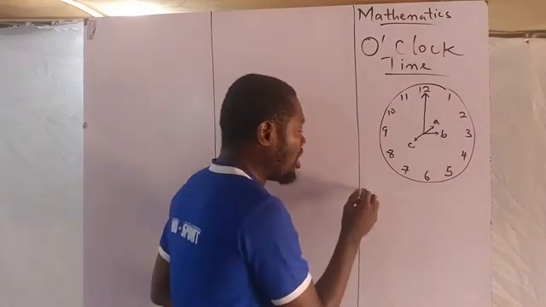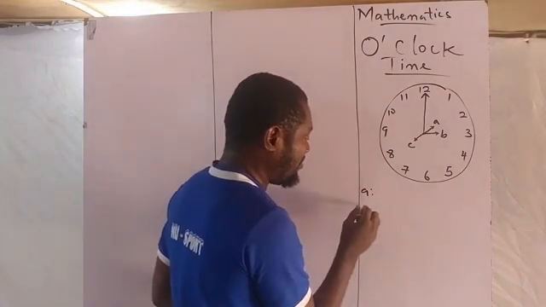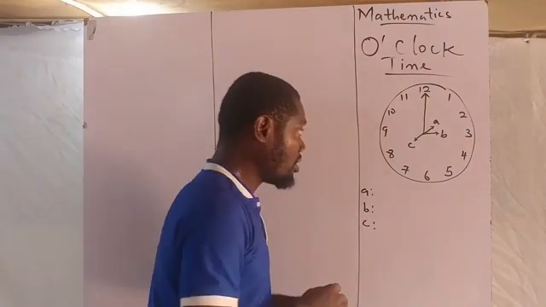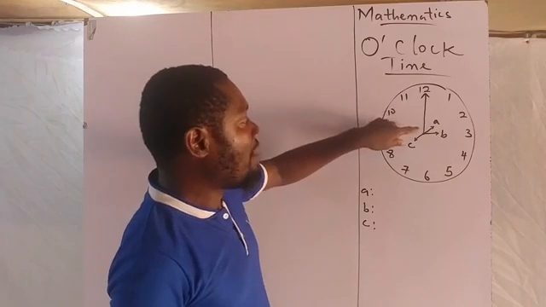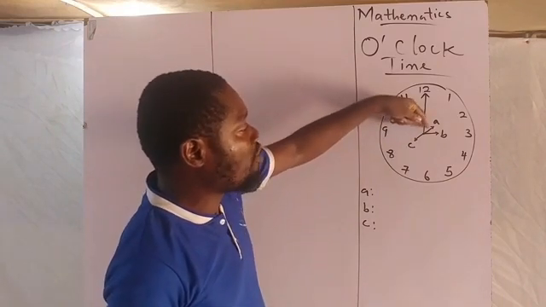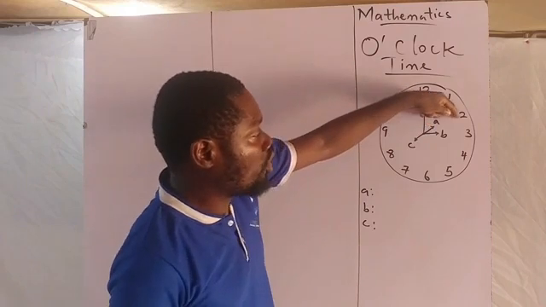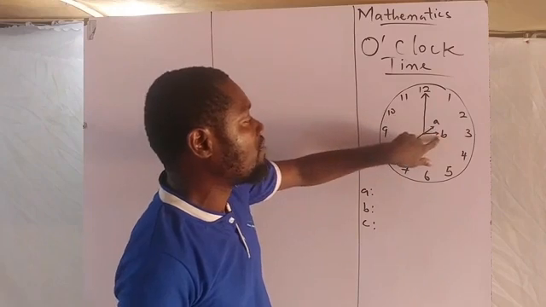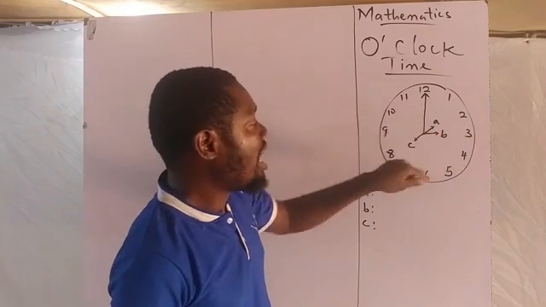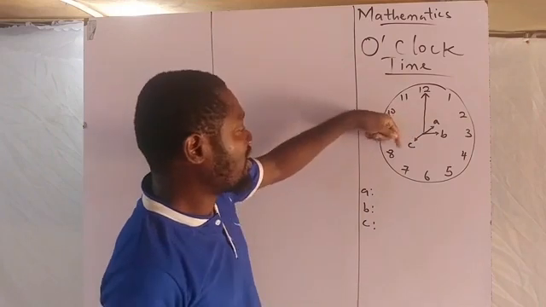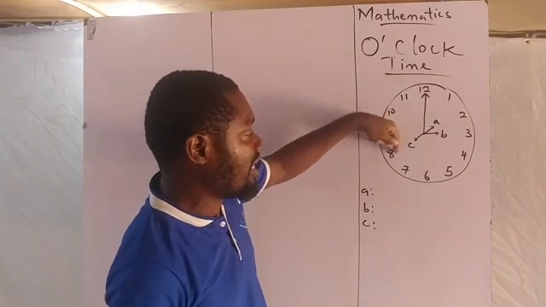Now, I want to put the respective time to what we have on the board. You will see that my minute hand is at 12. My first hour hand, which is A, is facing 2. My second hour hand, which is B, is facing 3. And my third hour hand, which is C, is facing 8. You can see it directly.